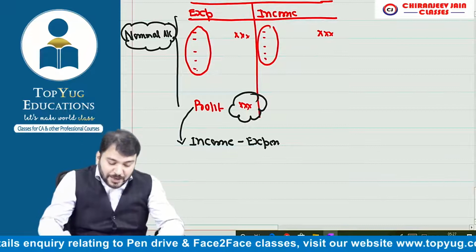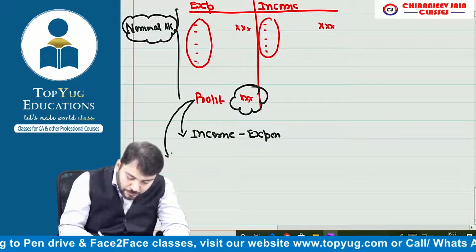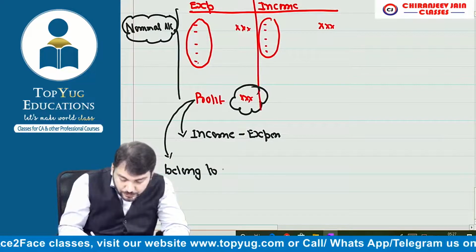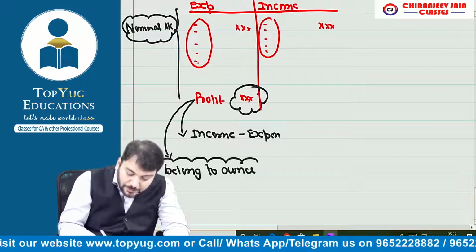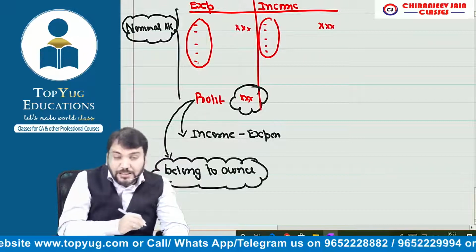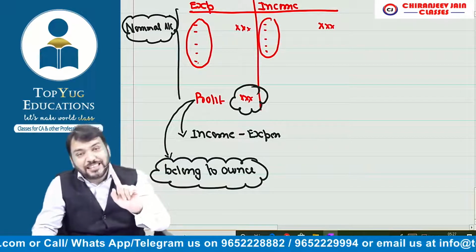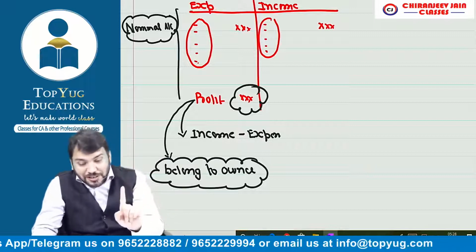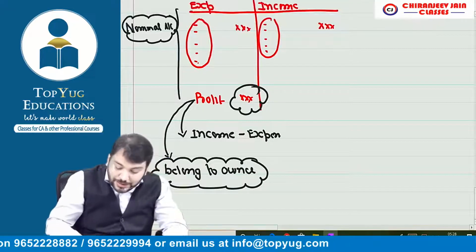Very good. Businessman. So tell me, this profit belongs to the owner. If it belongs to the owner, it should be transferred to which account? Can you say capital account? Capital account represents what? Owner. So this profit will be transferred to capital account.